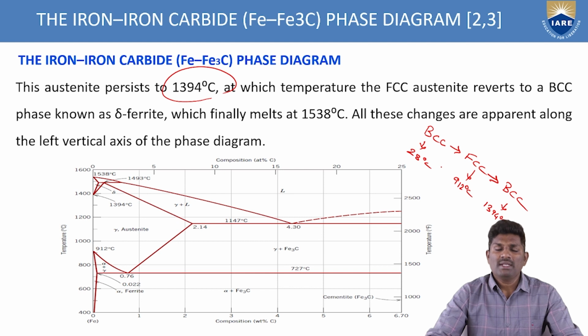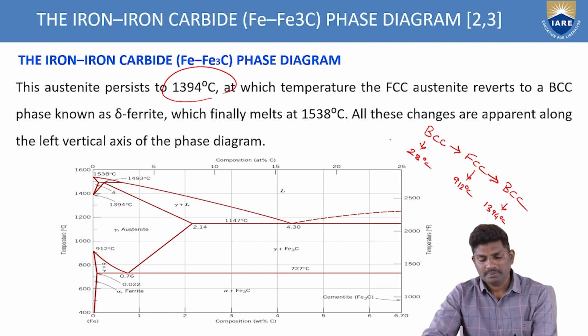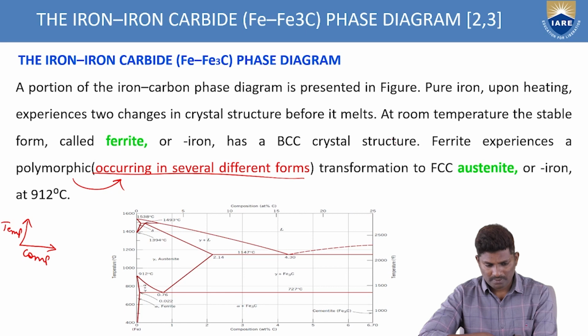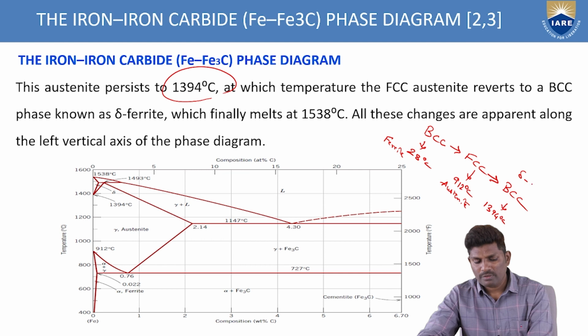So the pure iron at room temperature has the BCC type of crystal structure, and slowly if you heat, this is called ferrite, austenite, and again, delta ferrite.